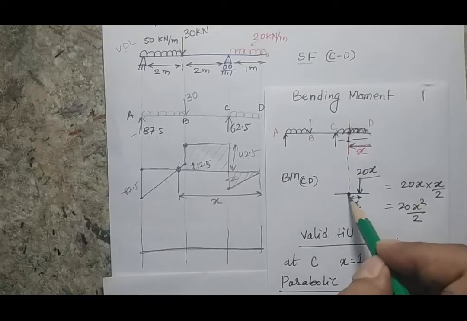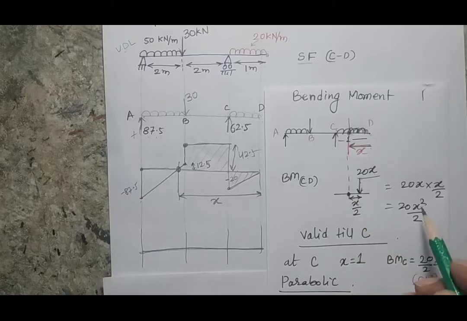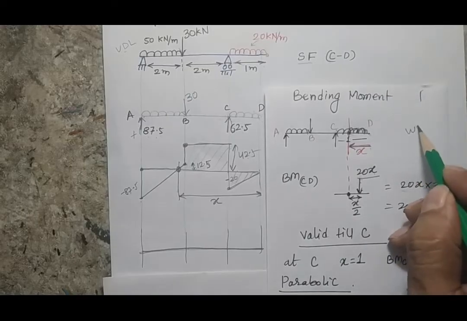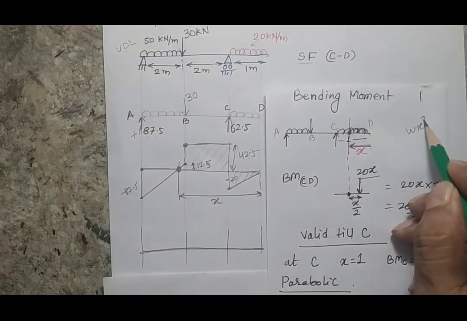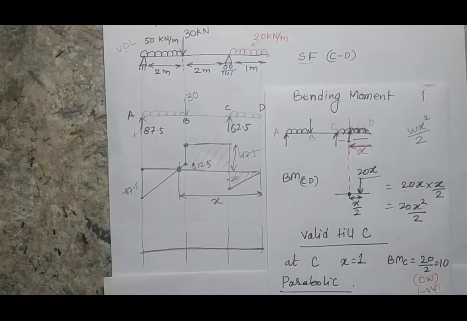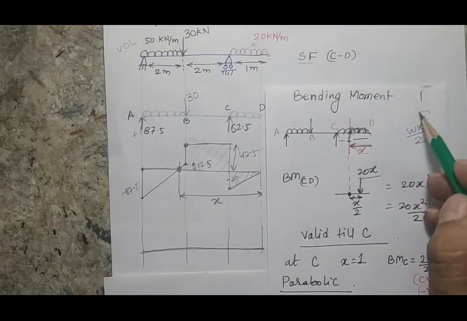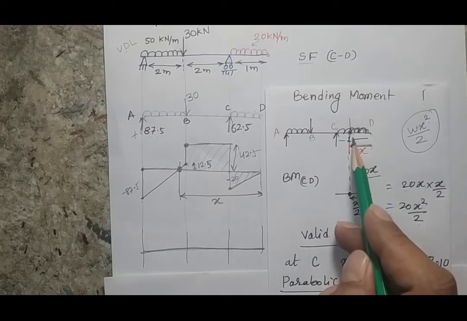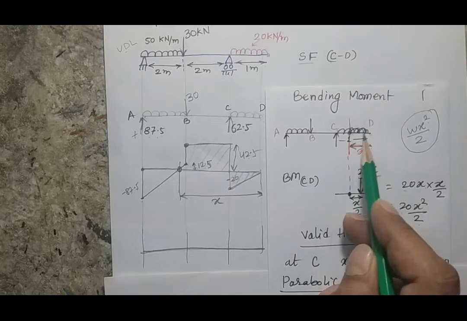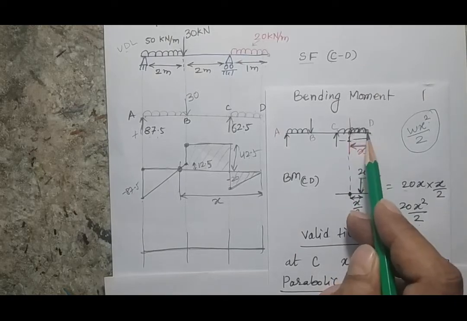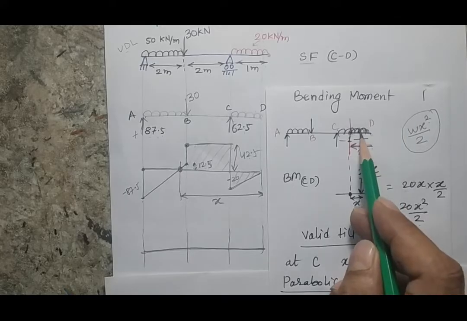Now if I am interested to find the moment at this point, my moment will be 20x into x by 2, so this is 20x square by 2. Normally you will find in the book that the bending moment for the uniformly distributed load is given as w x square by 2. So either you can remember this formula and directly apply it, or you can just consider that for this length, I am writing the bending moment, and the length carries a uniformly distributed load of magnitude 20 Newton per meter.